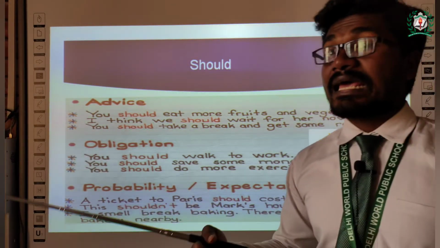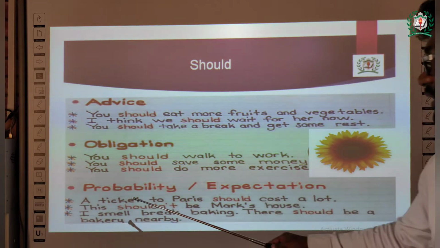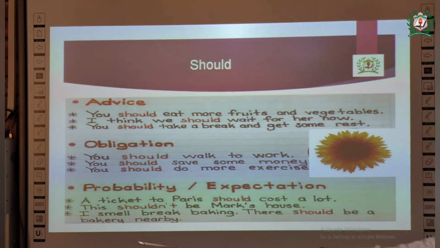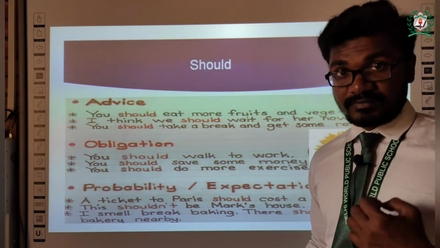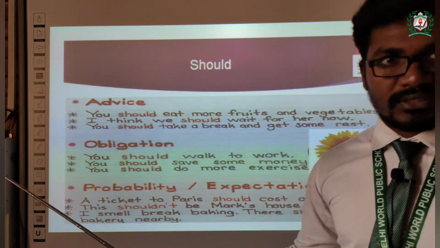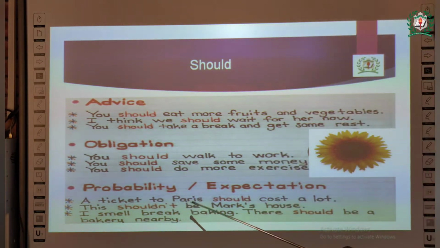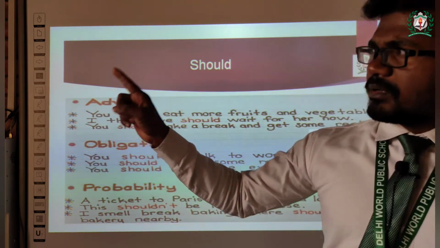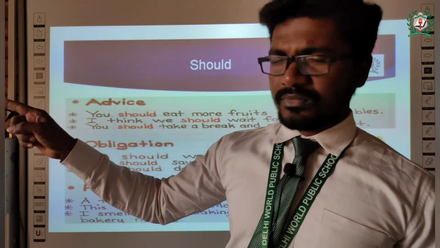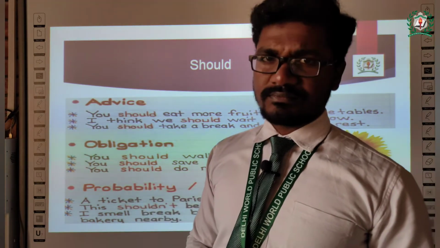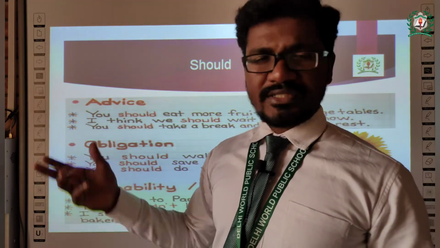Probability is what can happen. Expectation: a ticket to Paris should cost a lot. We are expecting that it will cost a lot, yes, it is a foreign country, obviously. This shouldn't be Mark's house. So probably this shouldn't be James' house or Hari's house.